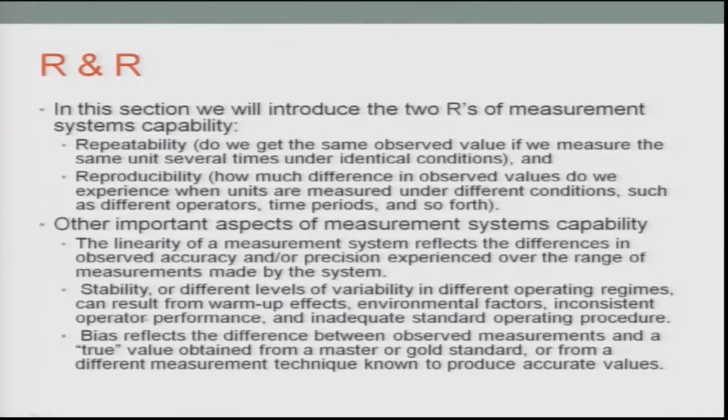There can also be biases, which reflect the difference between the observed measurements and a true value obtained from the master or the gold standard, or from a different measurement technique available to us, such that we can take much better readings.